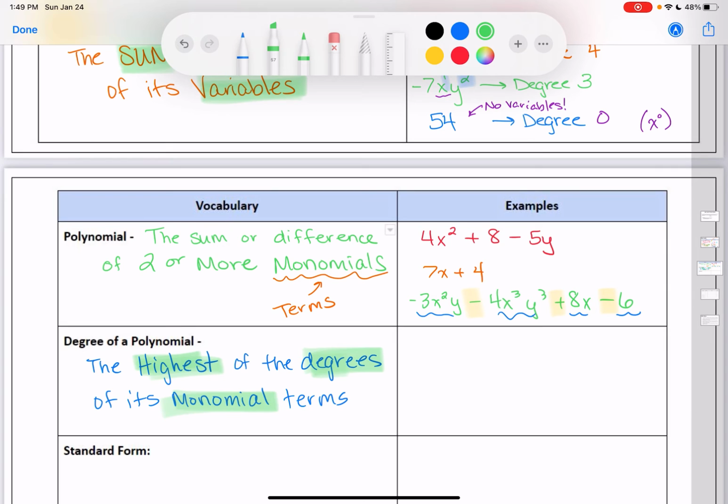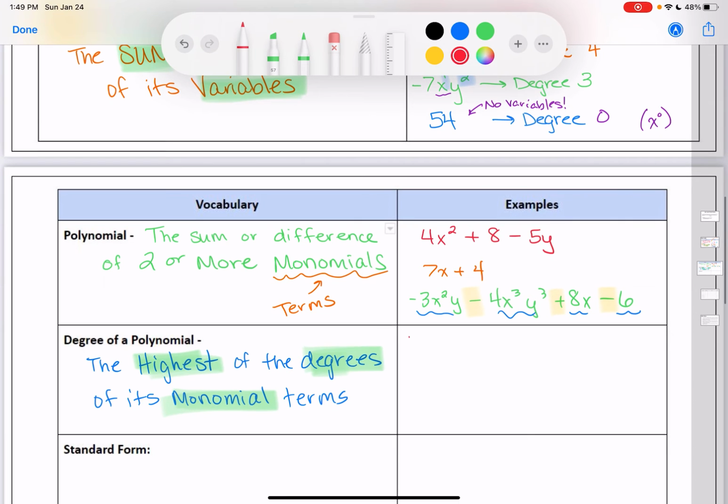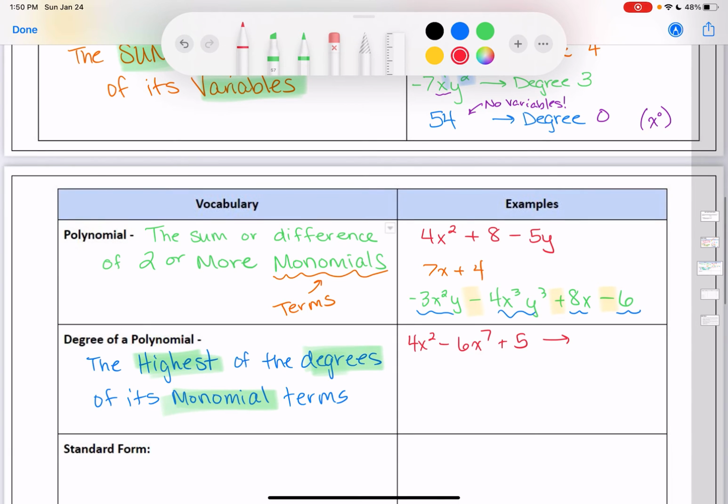So here's just a little bit of practice then. I'll start with a more basic one. So practice here would be, let's say I have 4x squared minus 6x to the 7th plus 5. Polynomial, right? 3 terms. So what I do is I look for the degree of each of its terms, right?